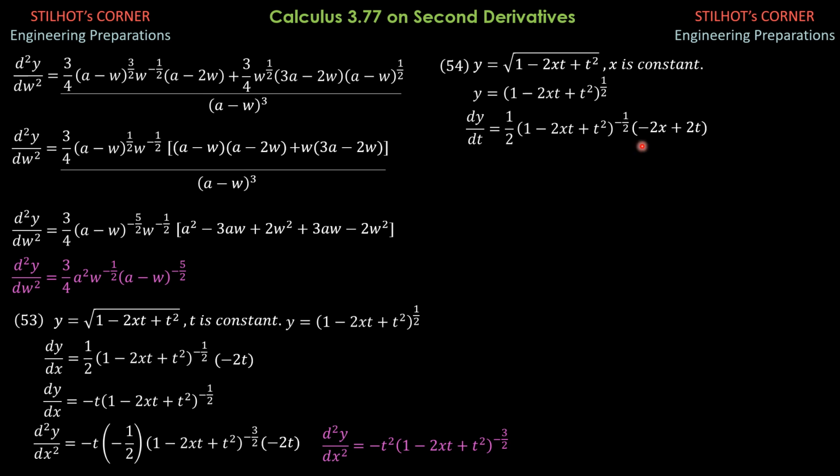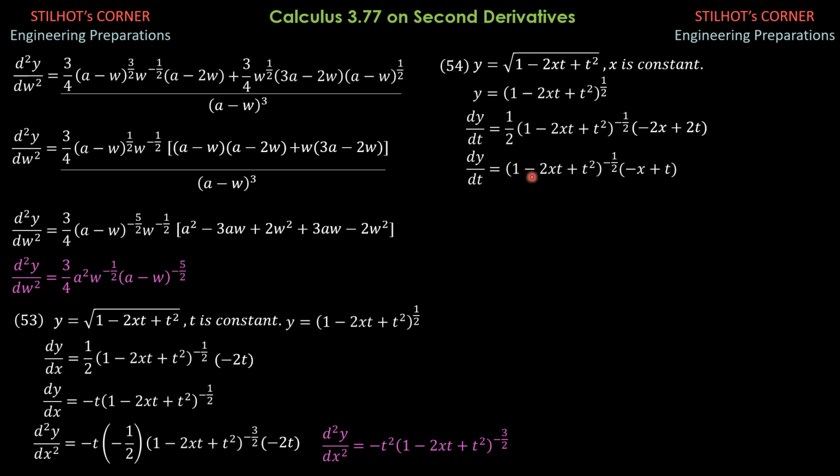So if we factor out 2, cancel 2, then this is negative x plus t. So let's just copy this. dy dt is quantity 1 minus 2xt plus t squared to the negative 1/2 times negative x plus t.